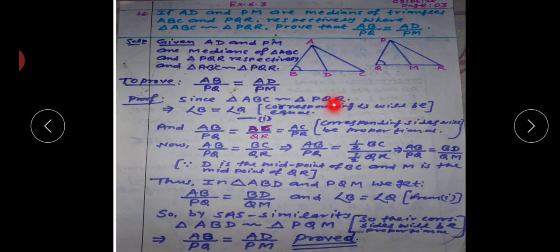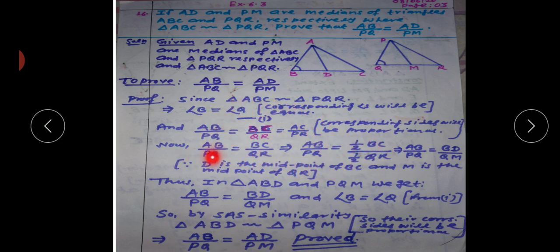Then the ratio of AB and PQ will be equal to the ratio of BC and QR, and the ratio of AC and PR will be equal. The ratio of their corresponding sides will be equal.